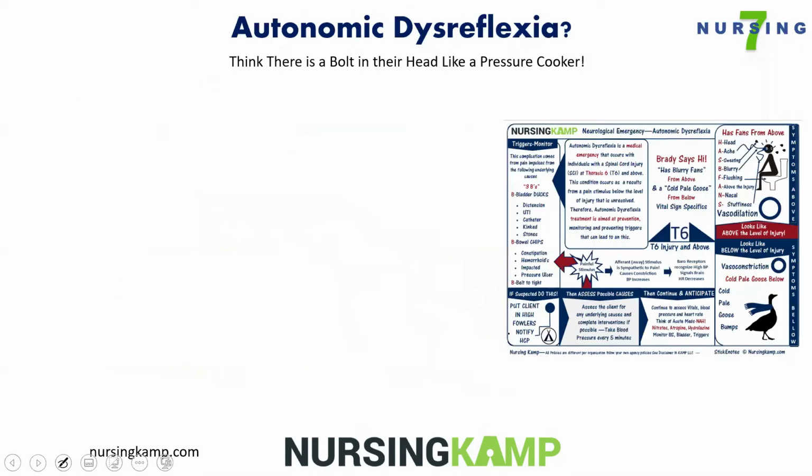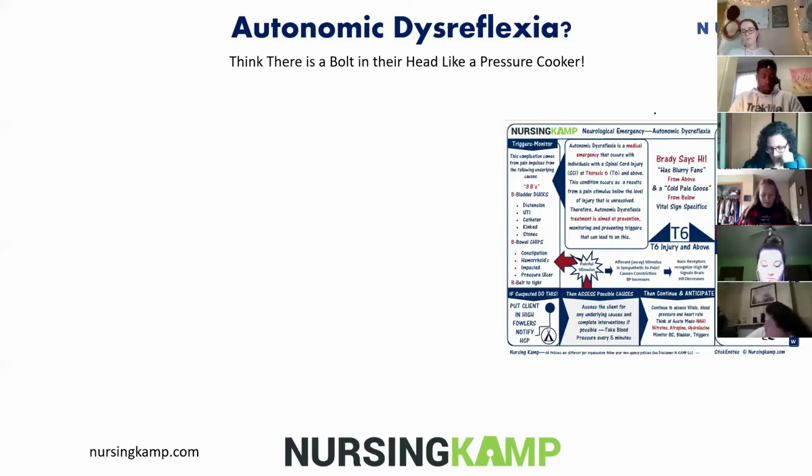All right, so autonomic dysreflexia. It's a condition, you need to know it. You're most likely going to take care of a quad or a paraplegic on the floor. And as we know, any quadriplegic or paraplegic is at risk for autonomic dysreflexia if it's a T6 and above injury.